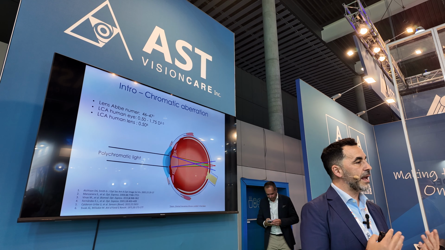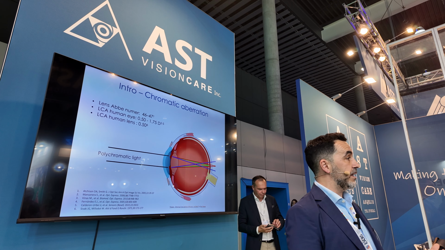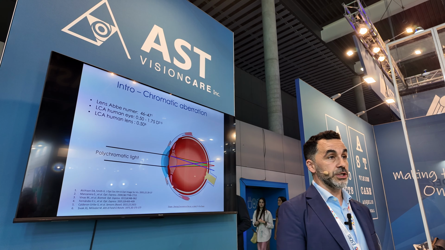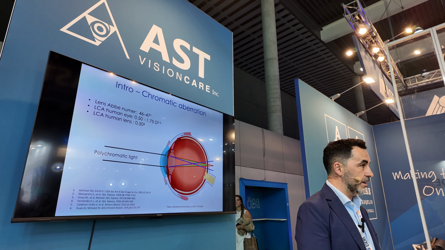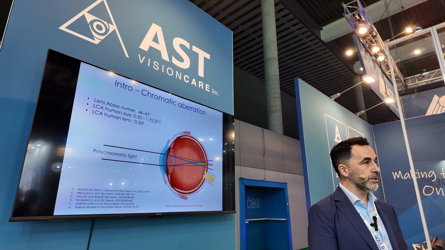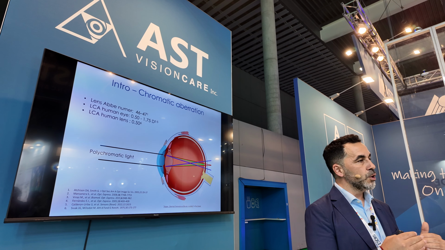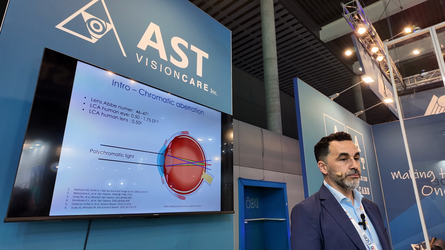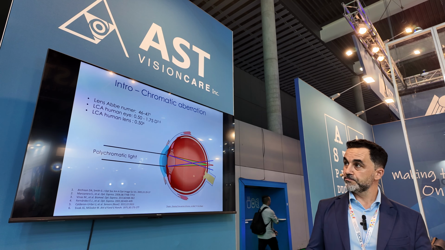So any material trying to substitute the human lens should have a similar value of chromatic aberration. It means that we're moving within a well-tolerated range of chromatic aberration within the eye.